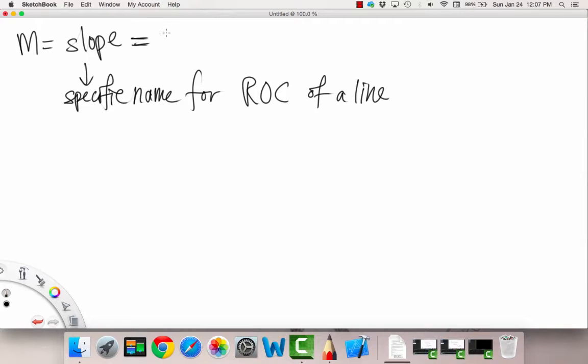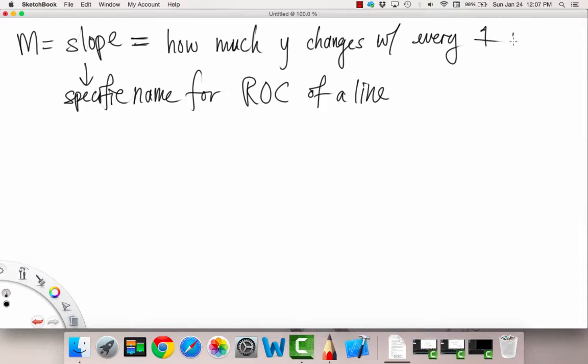There are a lot of ways to interpret slope, and they all basically boil down to the same thing.